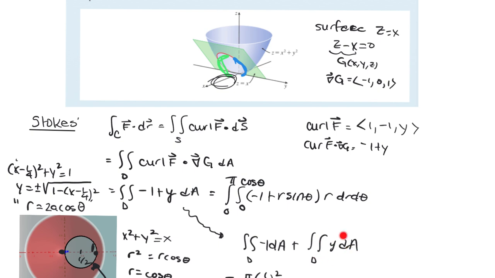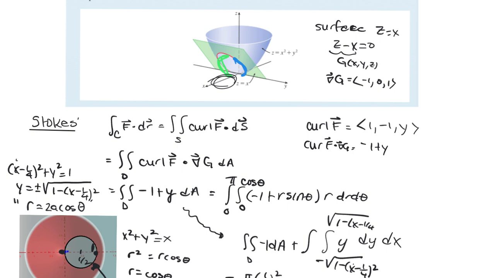So this part of the integral is the integral of y dy dx, and y I'm going to have go from the bottom half, so minus radical 1 minus (x minus 1/4) squared, to radical 1 minus (x minus 1/4) squared, and x goes from 0 to 1. It looks terrible, right?